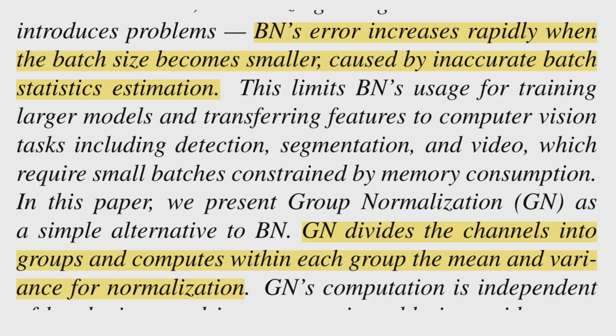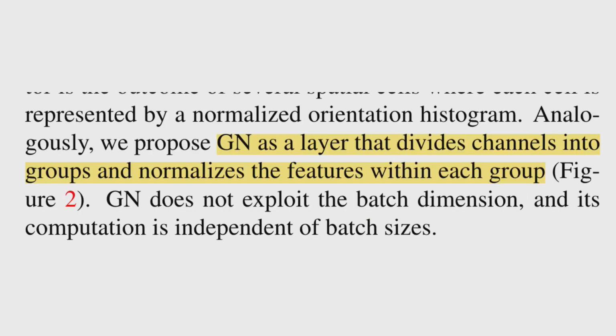Group normalization divides the channels into groups and computes within each group the mean and variance for normalization, and this is independent of the batch. Group normalization is proposed as a layer that divides channels or features into groups and normalizes the features within each group for a single image. And it does not exploit the batch dimension.